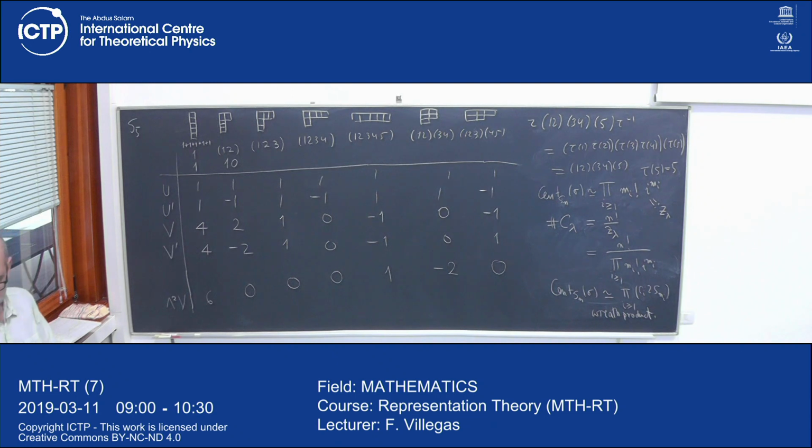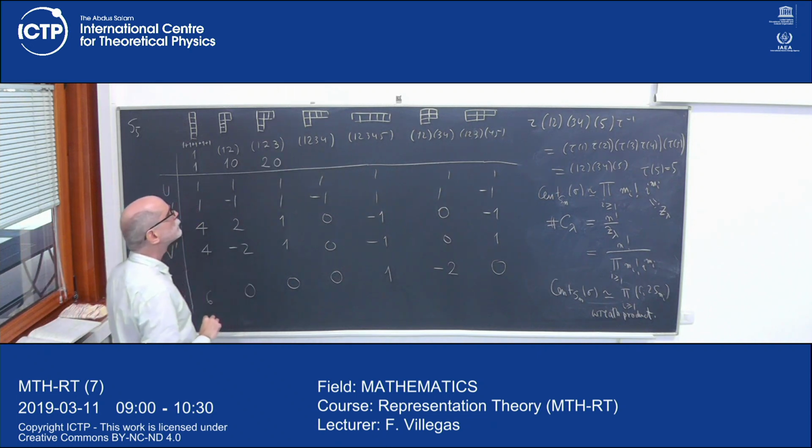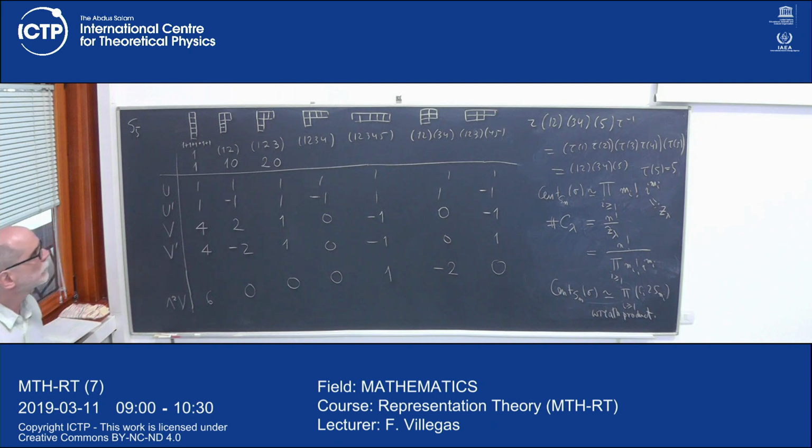How about 3 cycles? To give a 3 cycle, you have to give 3 numbers. It's 20, because the number of triples is 60, but every 3 of them are identified because of the cycle. So there is 20. How about 4 cycles?